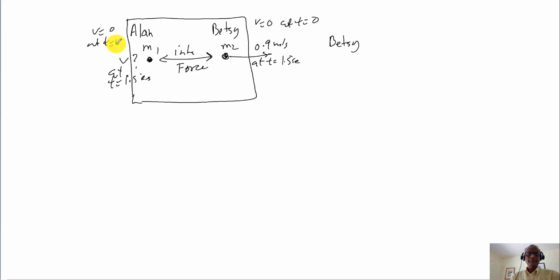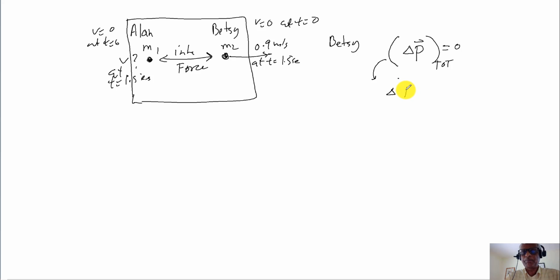Okay, so here we can say the total momentum does not change, is equal to 0. So what's the total made up of? Let's look at the x component.